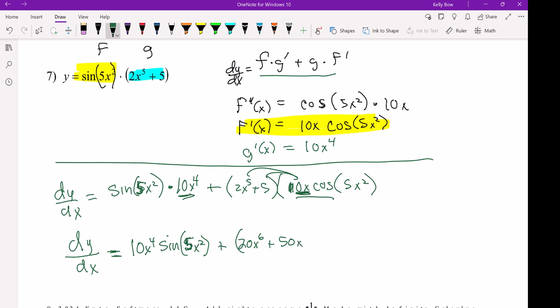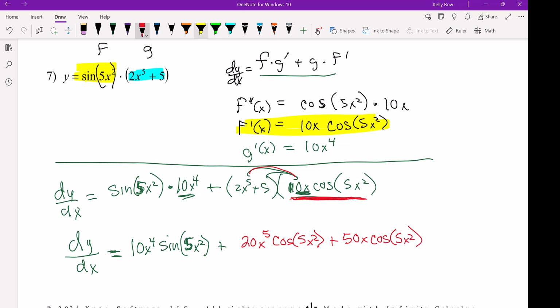plus 50x, and all of that times, let me think about this. So I almost made a critical error because this whole thing right here is one unit. I mean, there's different functions there, but when we do the distributive, this becomes 20x to the fifth cosine theta plus 50x cosine theta.